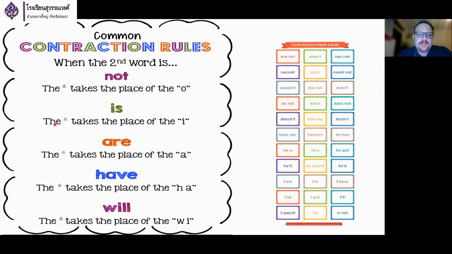Is, the apostrophe takes the place of the I. Are, the apostrophe takes the place of the A. Have, the apostrophe takes the place of the H and A. Two letters, H and A, gives it the V, they've.